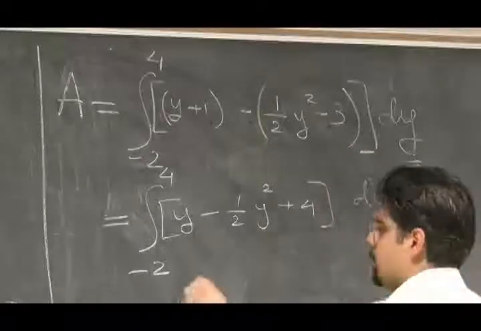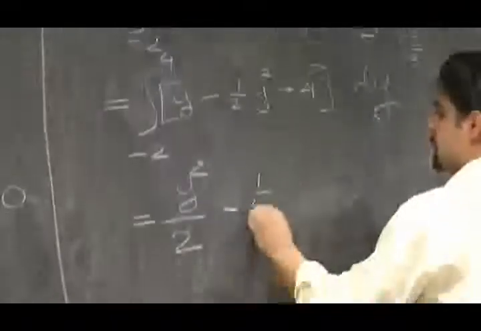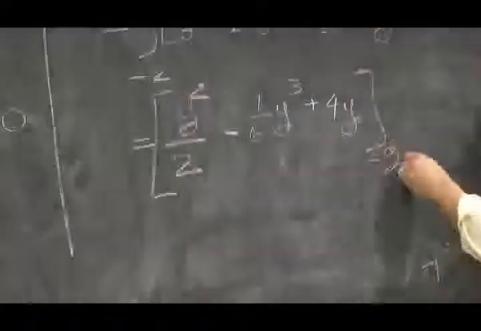So this is y squared over 2 minus 1/6 y cubed plus 4y, from negative 2 to 4.